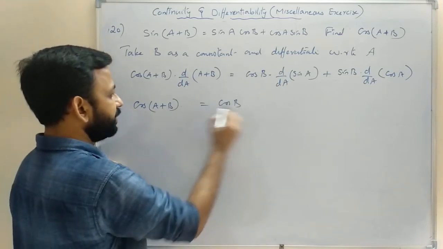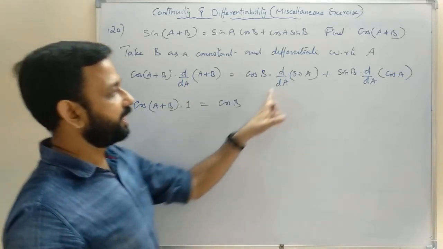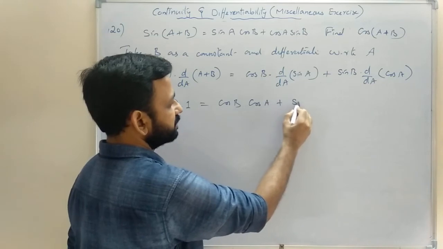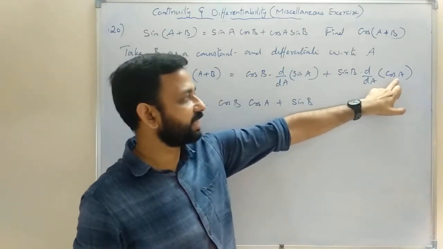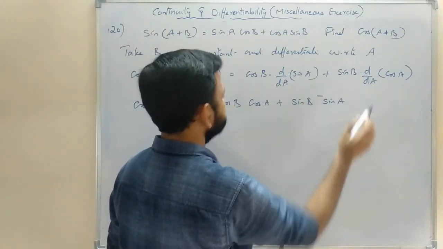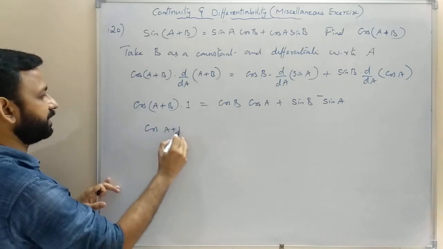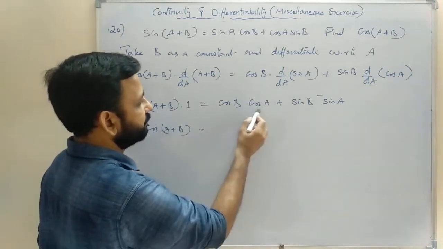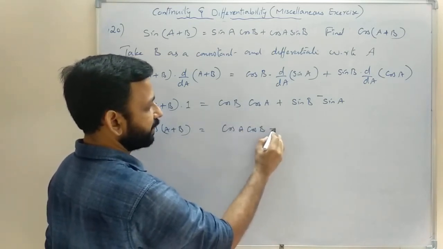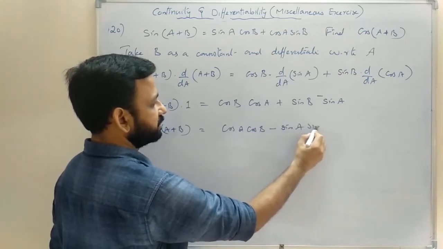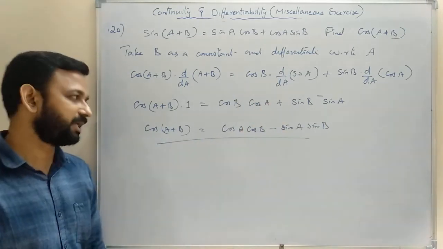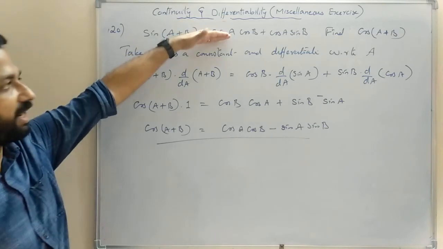Then cos B into the derivative of sin A, that is cos A, plus sin B into the derivative of cos A, that is minus sin A. Rearranging, cos(A+B) equals cos A cos B minus sin A sin B.